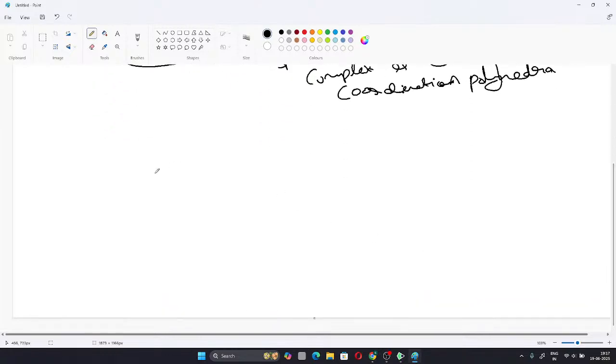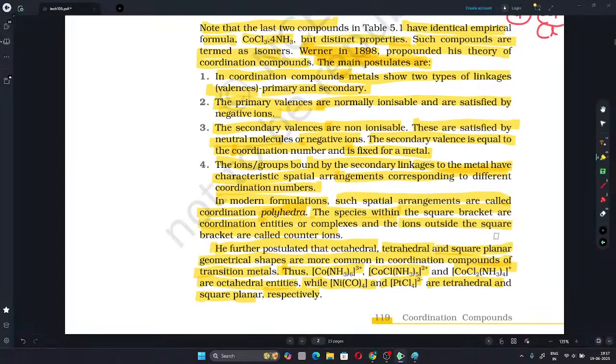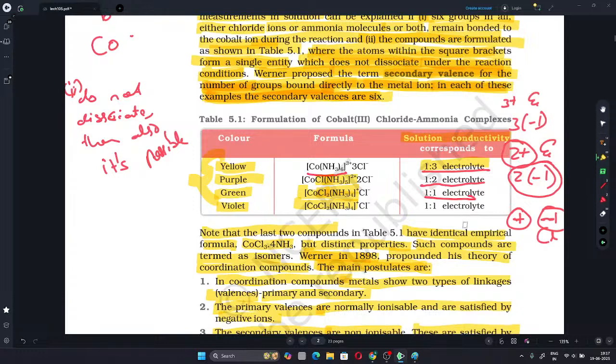In the CoCl3 case, all the coordination compounds from these, all these 4, are octahedral.